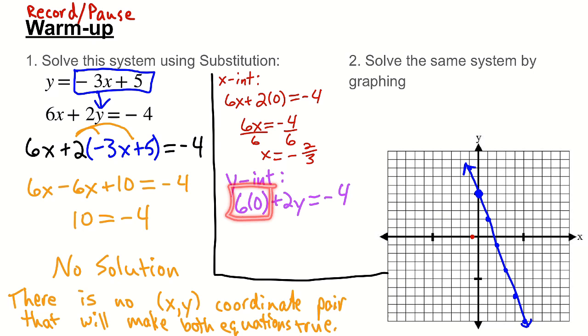This becomes 0, so we have 2y equals negative 4. Now we're going to divide by 2 in order to isolate our y value, and we get y equals negative 2. I should have used a color. I'm going to use purple on this. I'm going to make all of this purple.